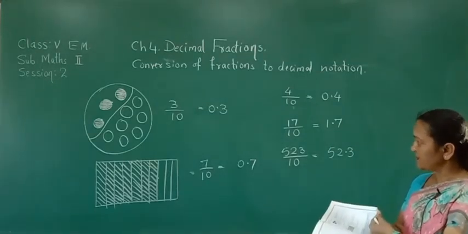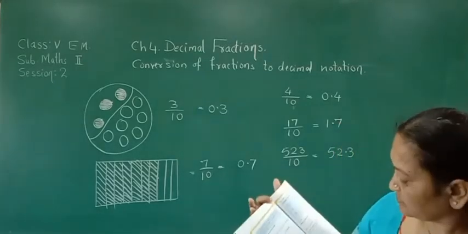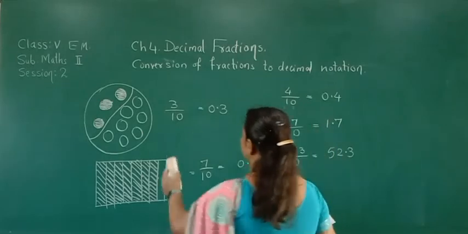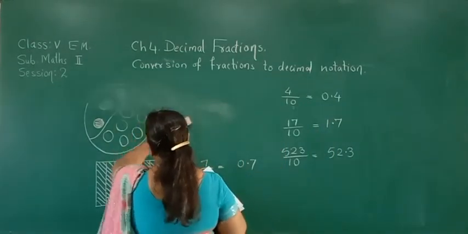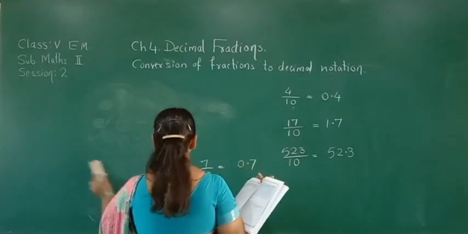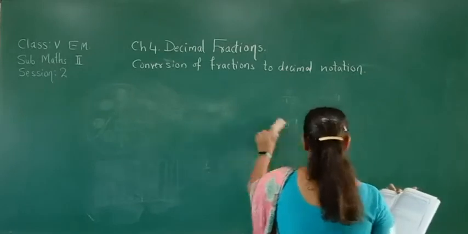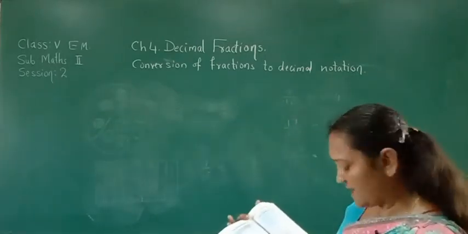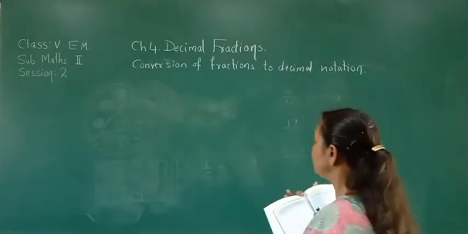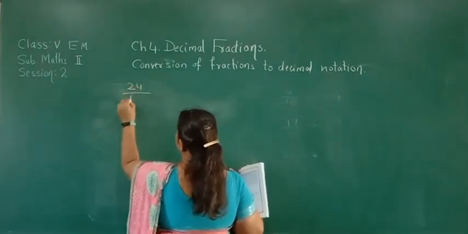Next, suppose in the denominator we have 100. Suppose it is 24 by 100.